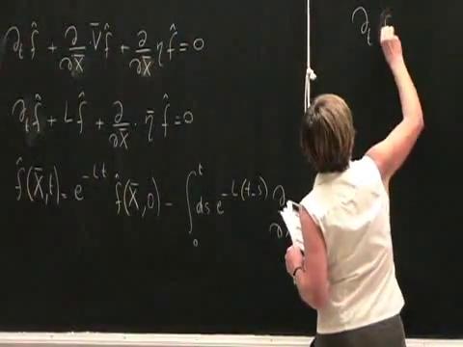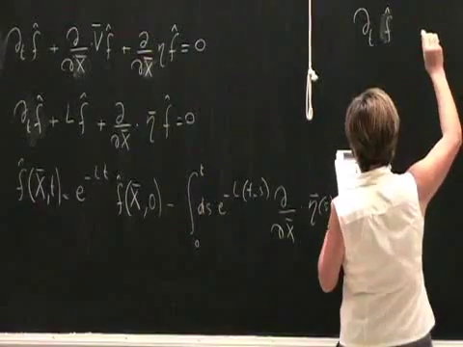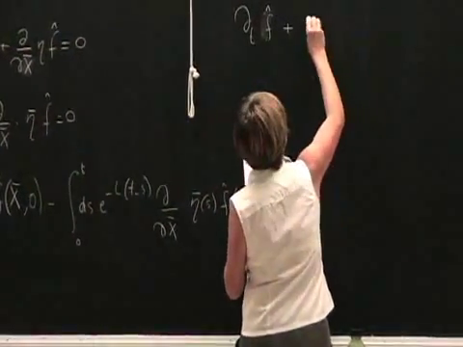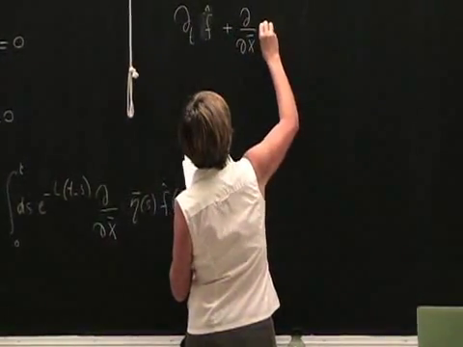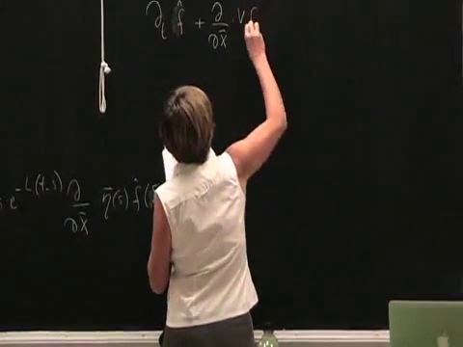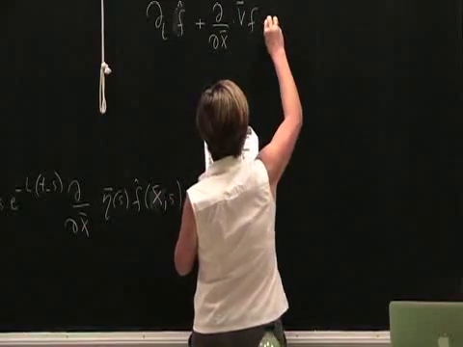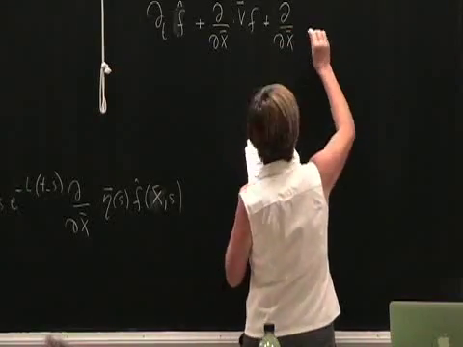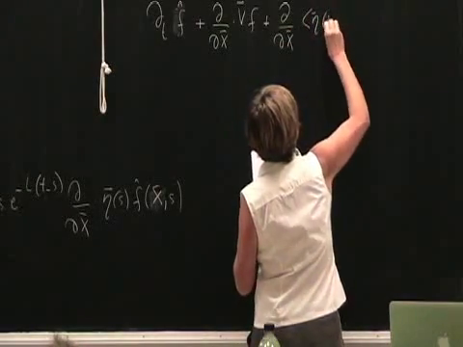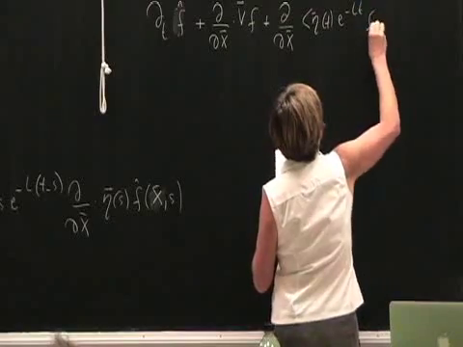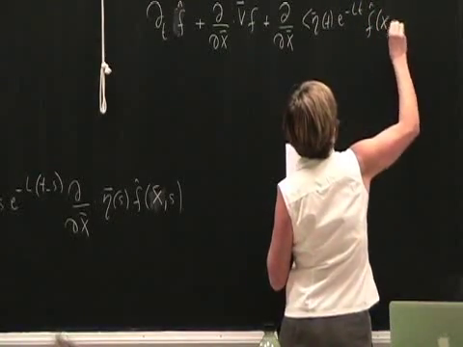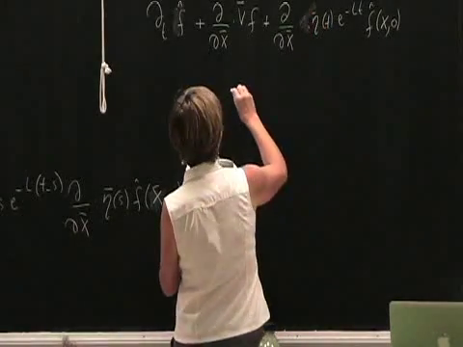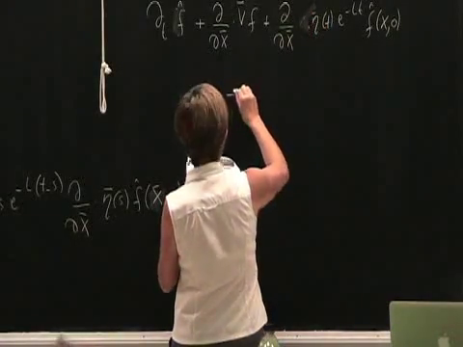Now I want to make some room because I'm eventually going to average this equation. So I get, okay, I guess that's minus.